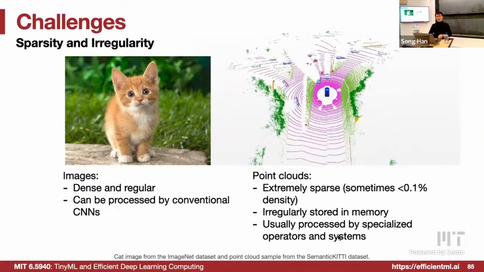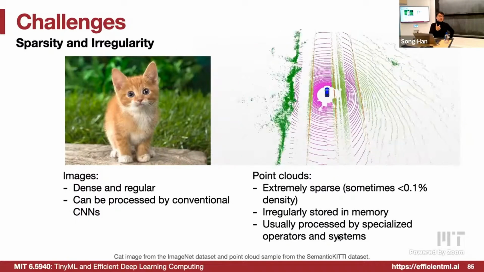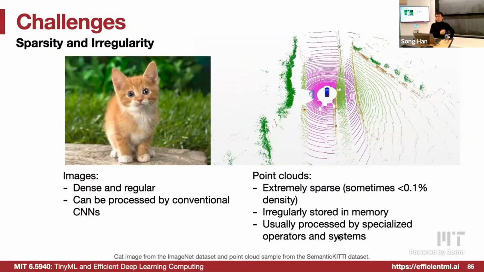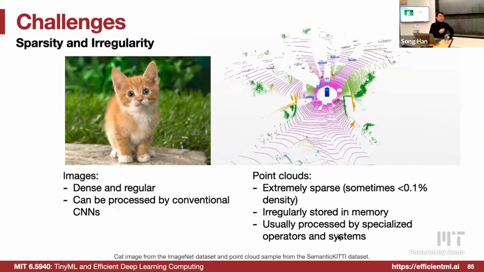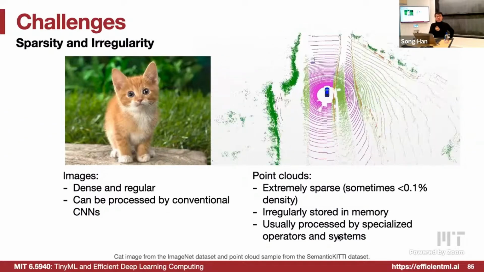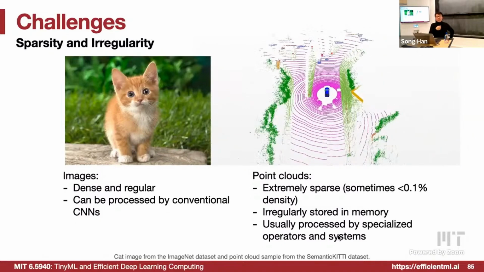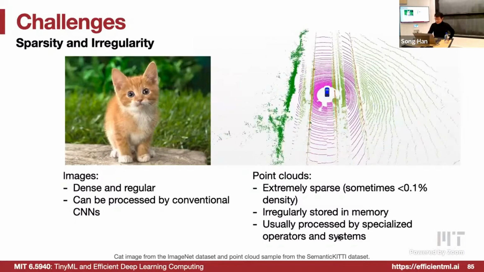And it's very irregularly stored in memory, which GPU and parallel processing doesn't like, right? What we like is contiguous memory reference, regular memory access pattern, and large continuous memory footprint. But this is not the case.